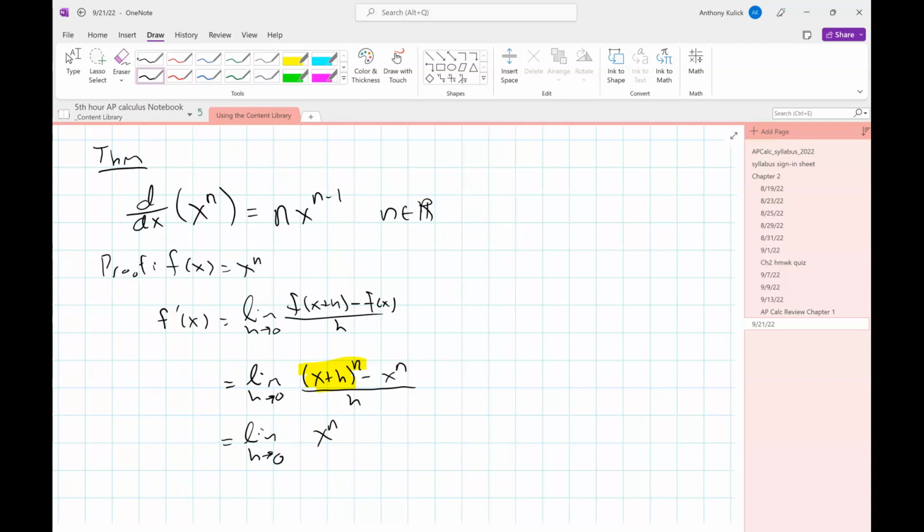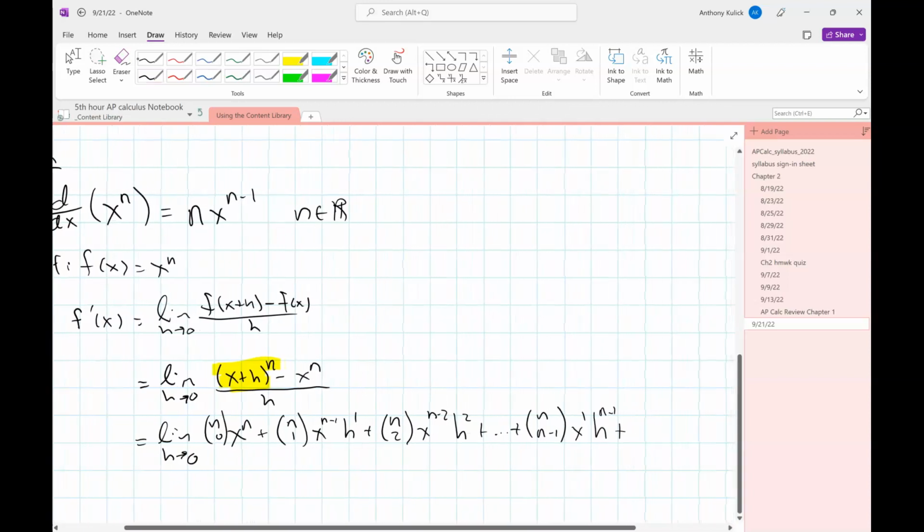It's going to give me x to the n plus n choose 1, x to the n minus 1, h to the first, plus n choose 2, x to the n minus 2, h to the 2, all the way down to n choose n minus 1, x to the first, h to the n minus 1, plus n choose n, h to the n.